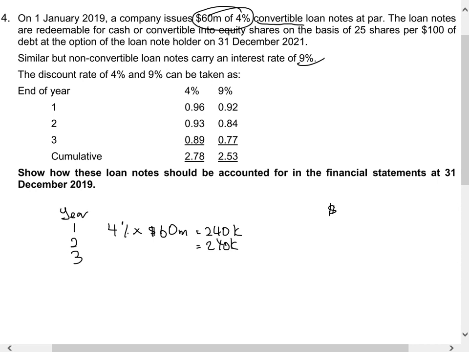Let's find equity. This is my financial liability, 52,272. And the 60 million.